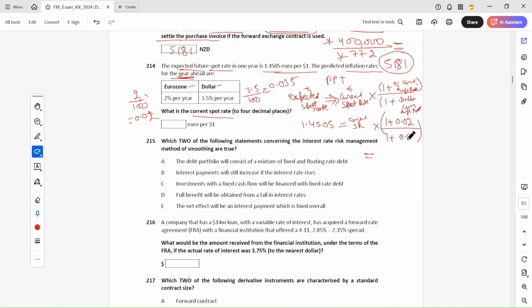So first, to get the current spot rate, I'm going to divide 1.02 by 1.035. The answer is 0.9855.